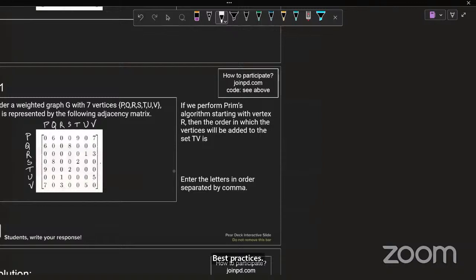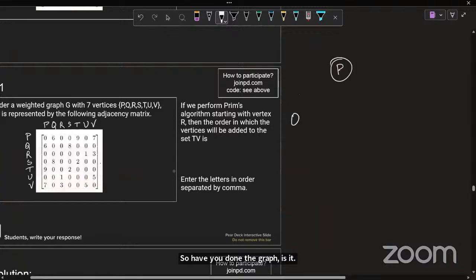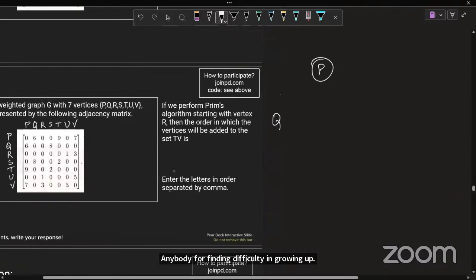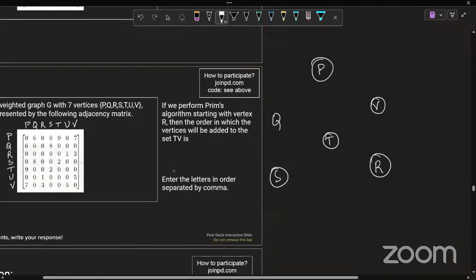Have you drawn the graph? Is anybody finding difficulty in drawing the graph?